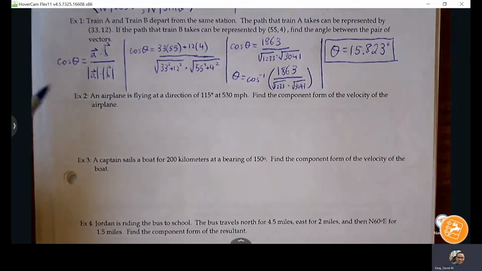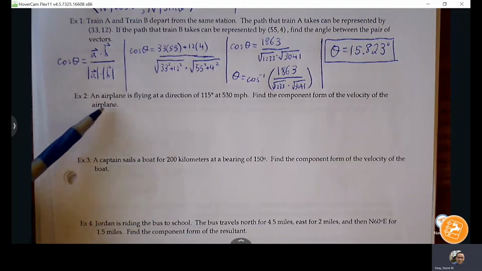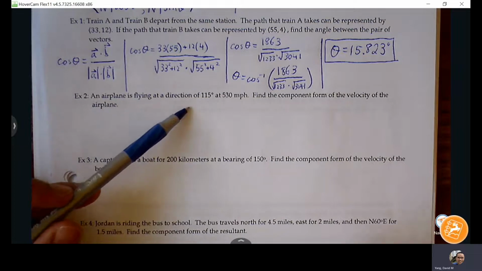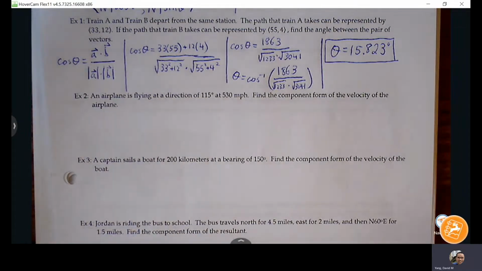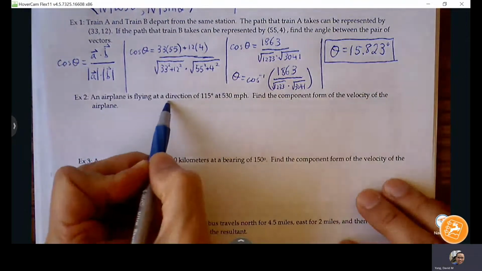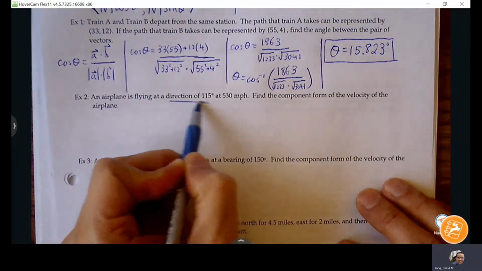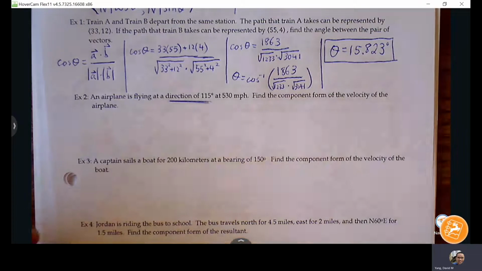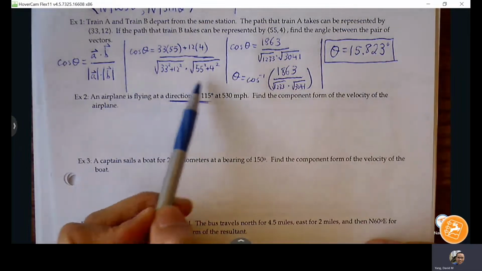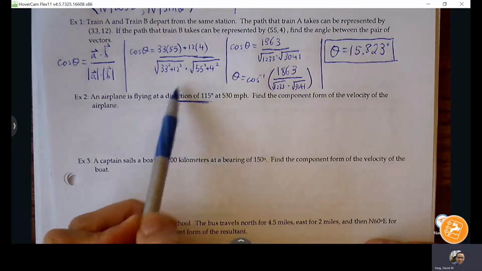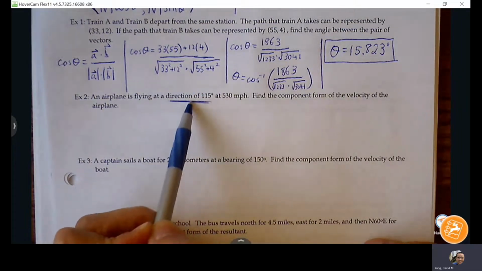Okay, example 2. An airplane is flying at a direction of 115 degrees at 530 miles per hour. Find the component form of the velocity of the plane. So here, they're giving us something. If they say it's a direction of 115 degrees and there's no bearing and there's no direction, then let's just treat it like standard position. So nothing tricky here. We just take this at face value. That's our theta.